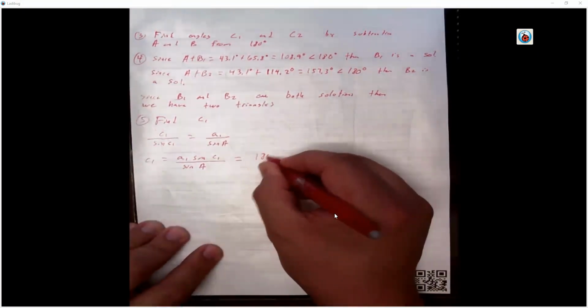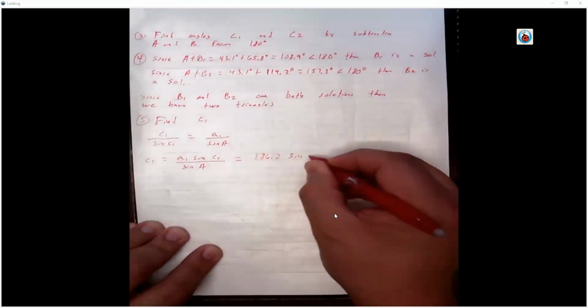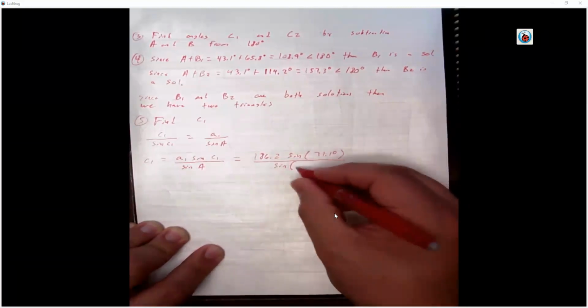So plug in everything we know. A1 is 186.2. Sine of C1 angle is 71.1, right? Yeah. Over sine A, which is 43 point.